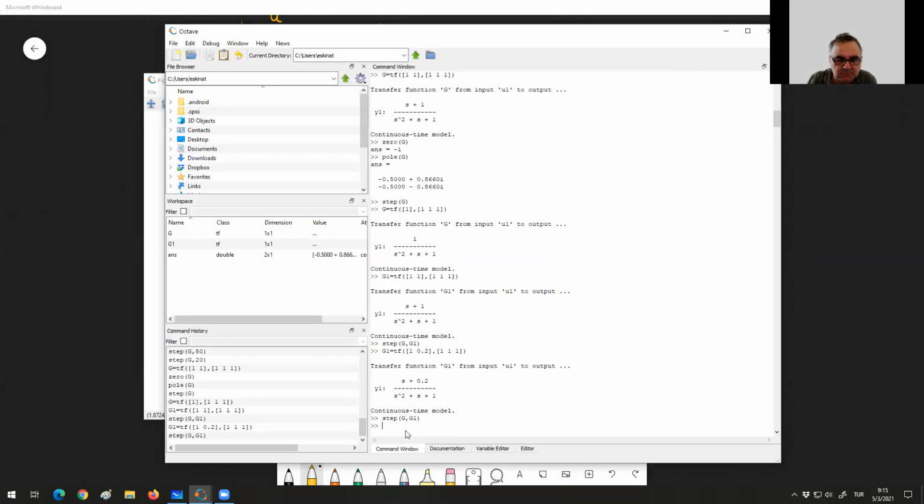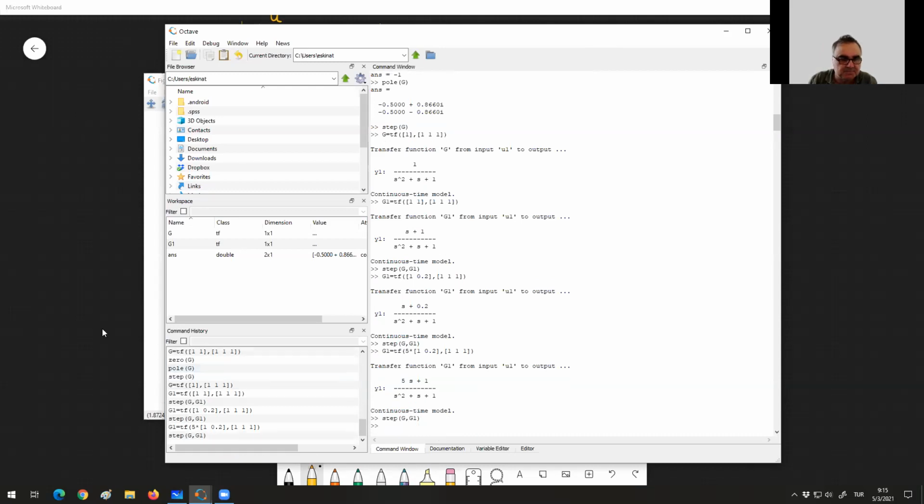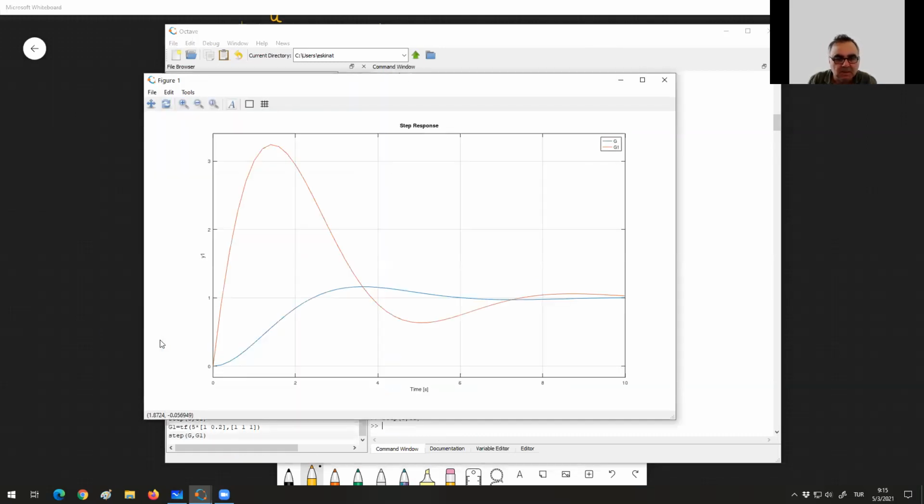But let me do it this way, so that the steady state gain is the same. Yeah, actually, this is very drastic. The blue one is without the zero, and the red one is with the zero. They have the same steady state gain, but the zero makes the system overshoot terribly, as you see.